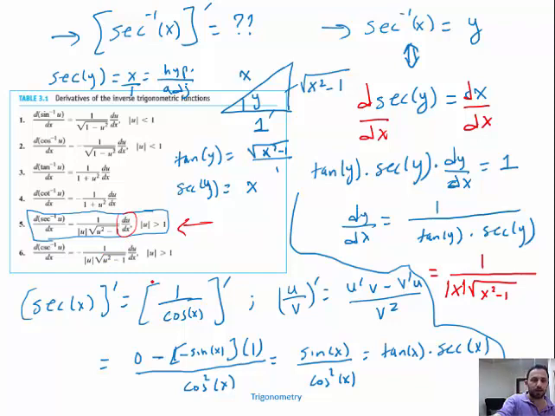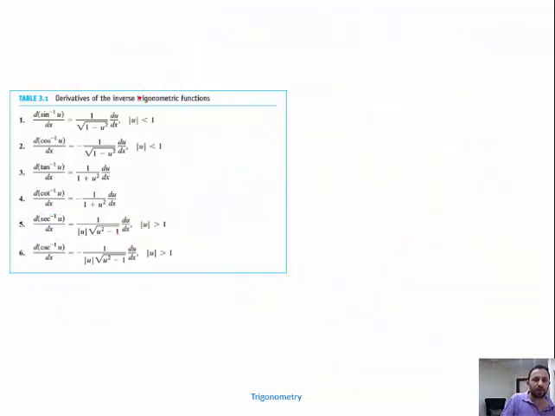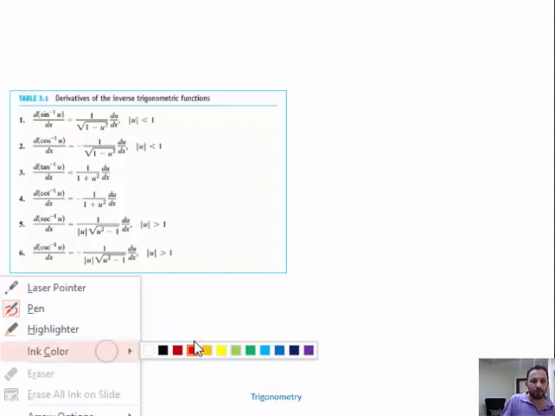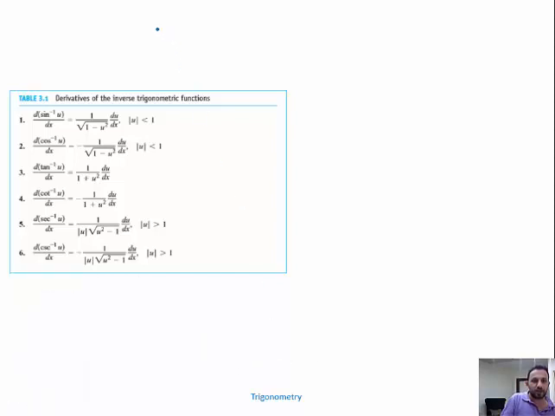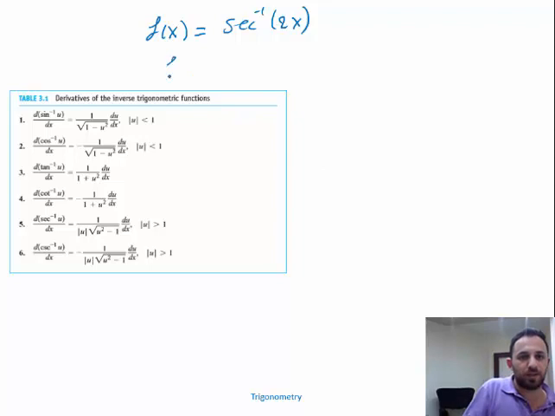Okay, let's do a practice. If we are given f of x equal to secant inverse of 2x, so f prime of x is equal to, we will be using the equation in the table.